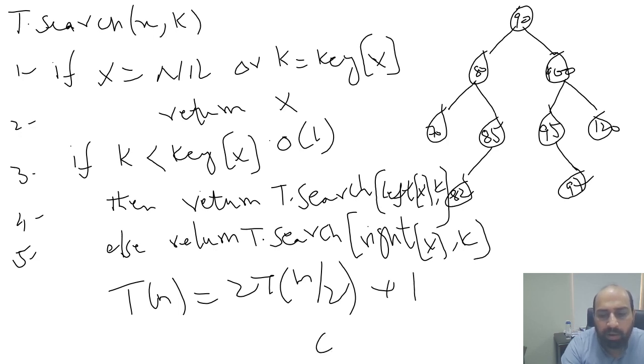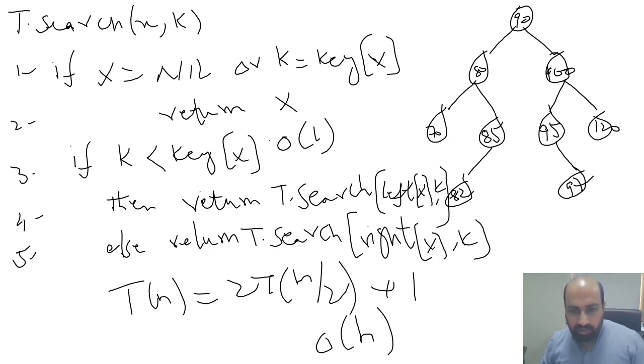So that is nothing but order of log n, or in short order of h, if you solve it using master theorem. So how is order of h equivalent to log n? We'll figure it out soon. Then you have to write the equivalent iterative algorithm for search. It is given in the book, by the way. If you open the book, you will find it.